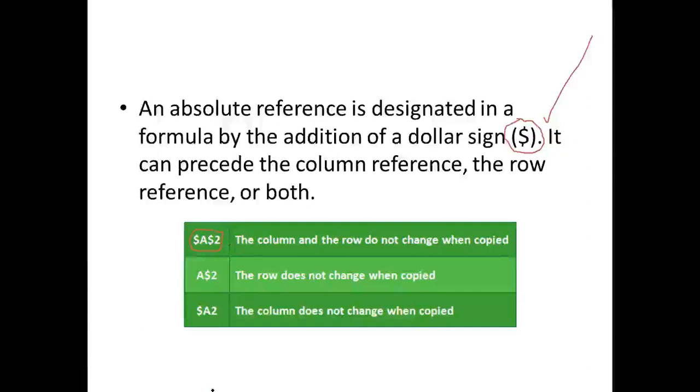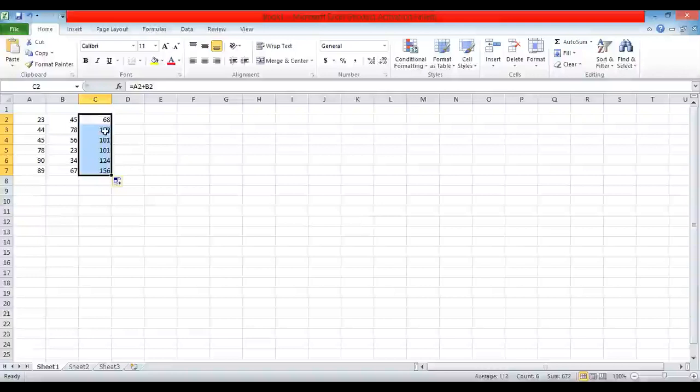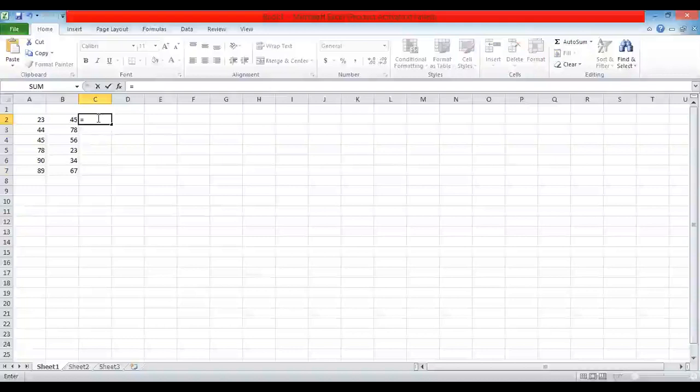Yes. So let me just share something with you here. If you look at this particular scenario, remember we said equals sign. So we have A2 plus B2. Are we together? Yes. So we have the answer, which is 64.